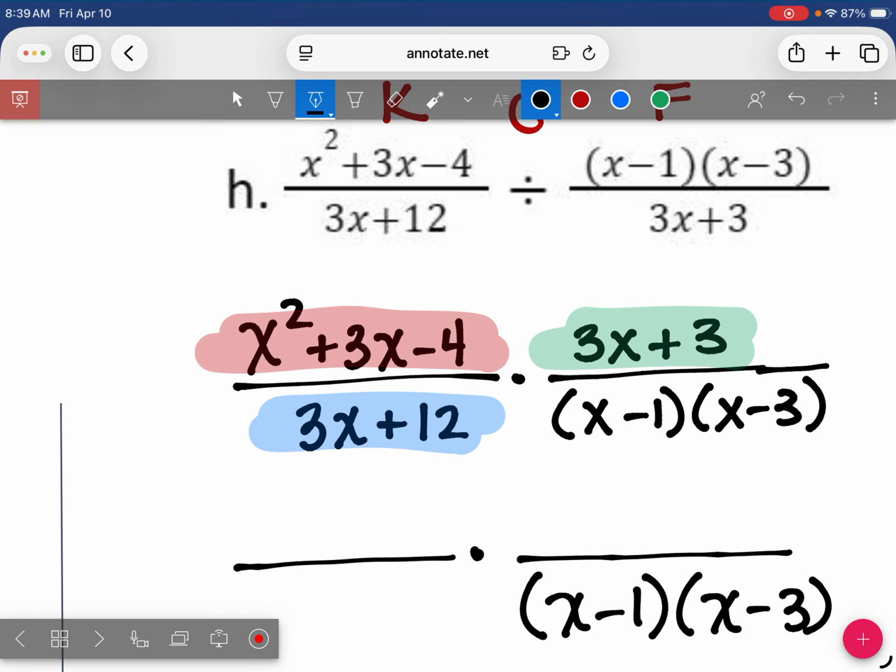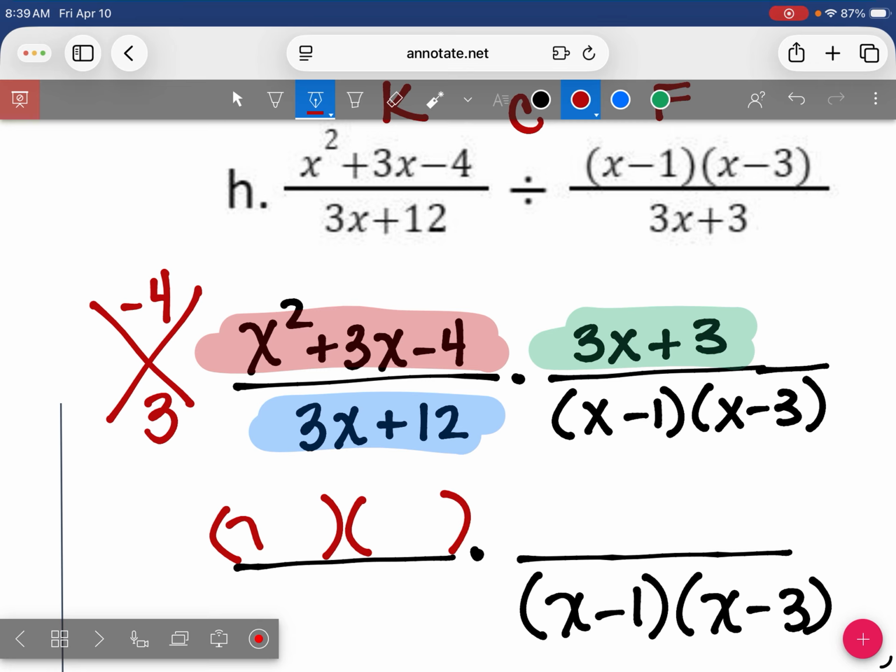So what are our numbers that multiply to be -4, but add to a +3? What'd you say, Maya? -1 and 4, good.